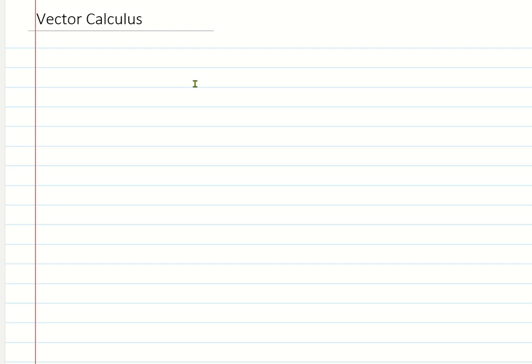So the first thing that we will be talking about, because this is vector calculus, we look at the differential elements. The first one is the differential volume element. So when we say differential in calculus, you already understand the concept of differentials or derivatives.